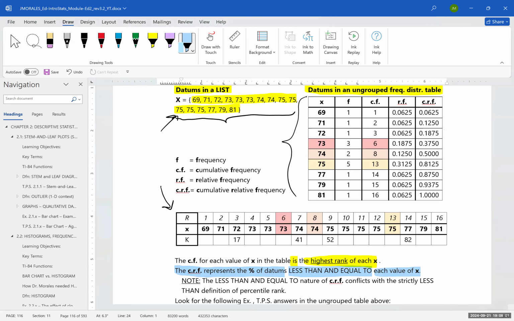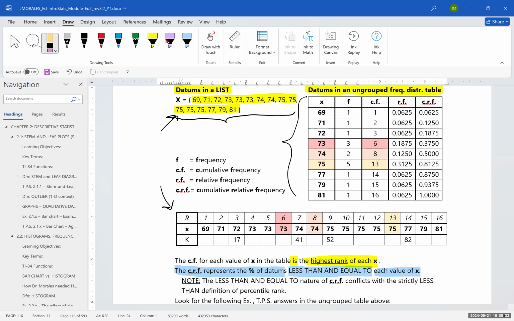So, for example, if we look at this percentage right here, 37.50, 37.50 represents the number of datums that are 73 and less compared to the total number of datums in the data set. So 37.5% of the datums are 73 and lower.